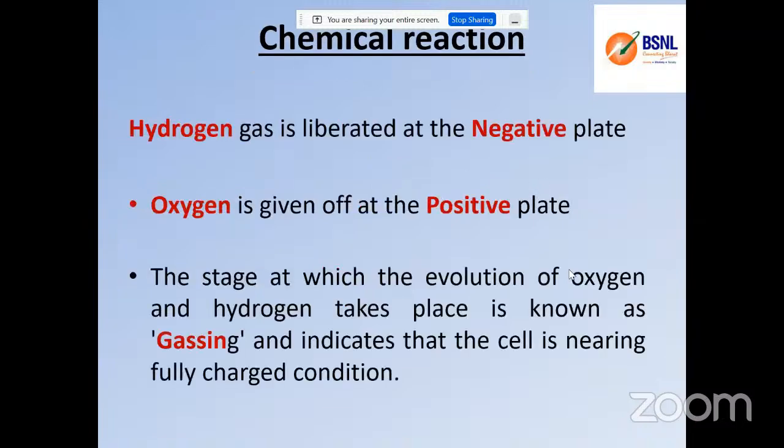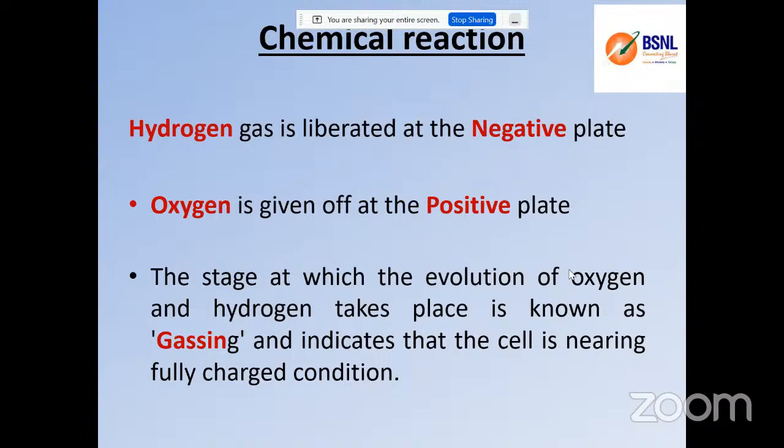Under the chemical reactions, hydrogen gas is liberated at the negative plate and oxygen is given off at the positive plate. Once the hydrogen and oxygen are gassing out, that means going out, there is a term called gassing out. Then there will be starvation of the electrolyte. That is the reason you pour distilled water into each and every cell to regain its charging capacity.